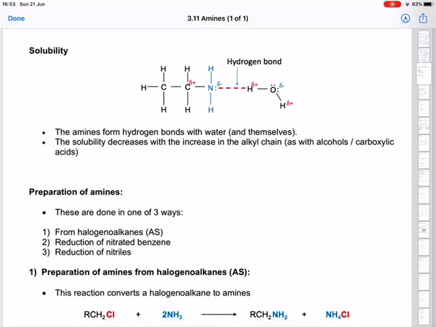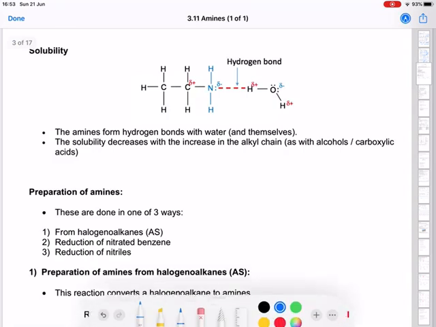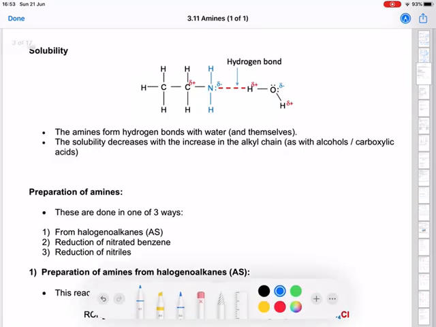In terms of its solubility, again, just like the alcohols, if you remember your criteria for hydrogen bonding, you need O, N or F, you need a lone pair of electrons, and you need a hydrogen on the O, N or F. So the amines, all of them form hydrogen bonds, and there's the hydrogen bond there.